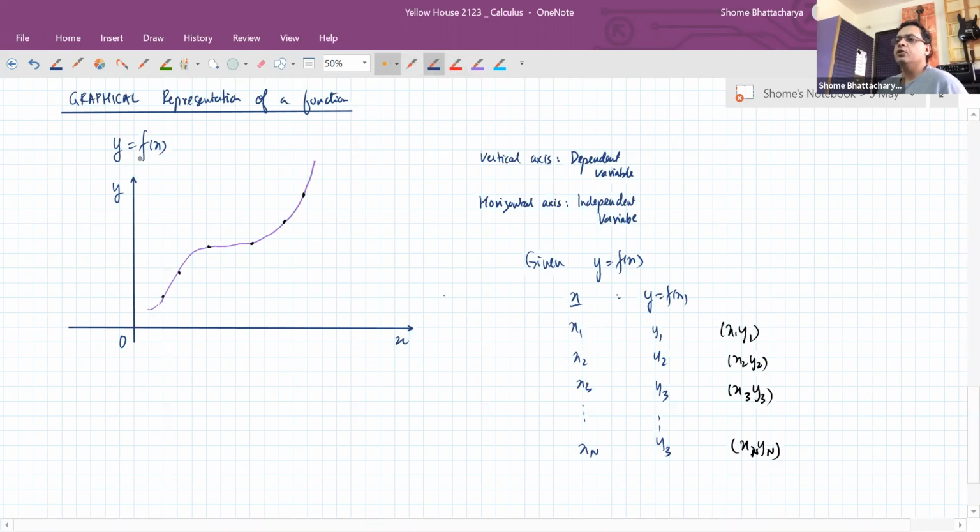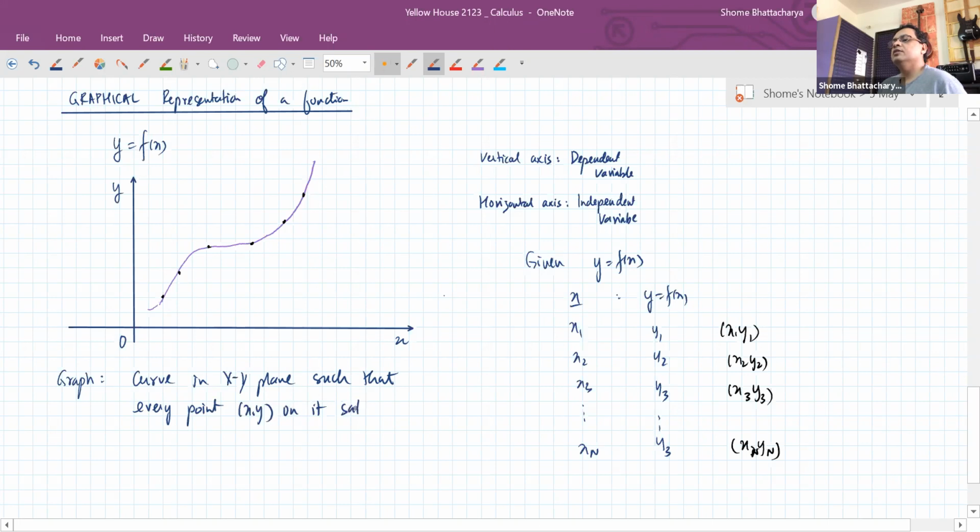Okay, the exact way of drawing the graph would be impossible to draw perfectly, but basically what is a graph? It is a curve in the xy plane such that every point (x, y) on that curve satisfies the relation of the function, satisfies y is equal to f(x).